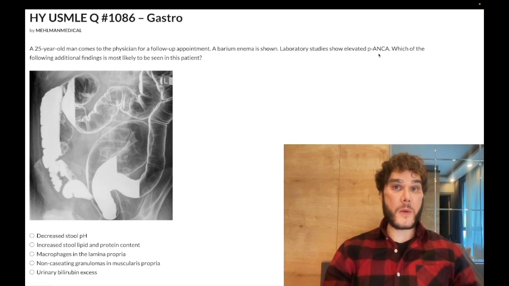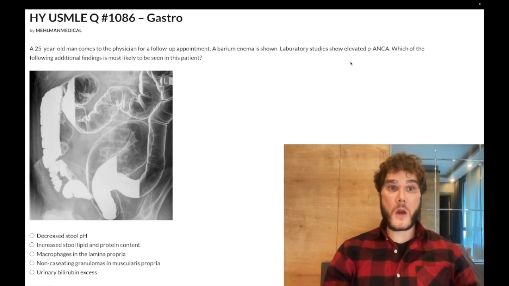positive in 60 to 80% of patients with primary sclerosing cholangitis, one of the highest yield extraintestinal manifestations of UC. Okay, so primary sclerosing cholangitis, if you do a cholangiogram, you can get a beaded or pearl-like appearance of the bile ducts. Okay, so the USMLE doesn't have to tell you P-ANCA is positive.